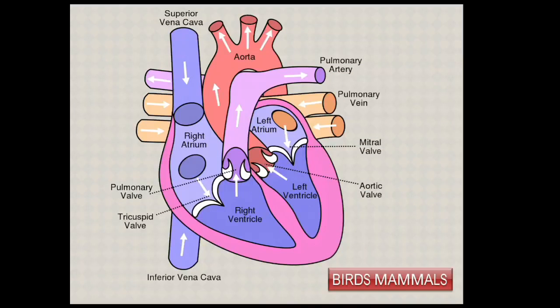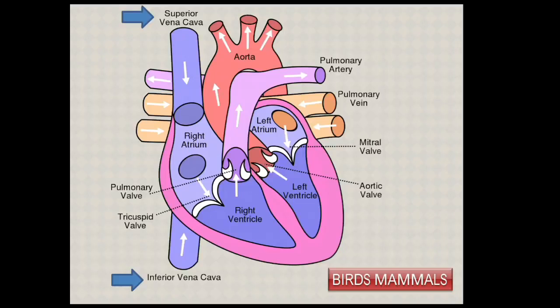Now students, this diagram is a very simple presentation of the circulation of the blood inside the heart of a mammal. First of all, the deoxygenated blood from the body goes into the inferior and the superior vena cava. From these vena cava it reaches the right atrium.